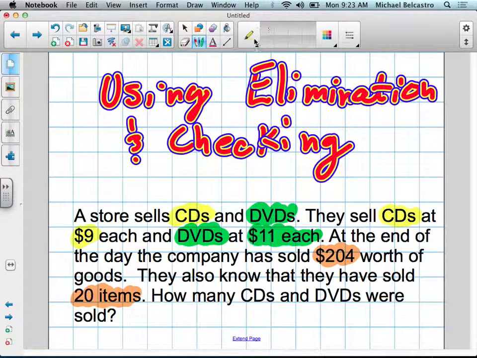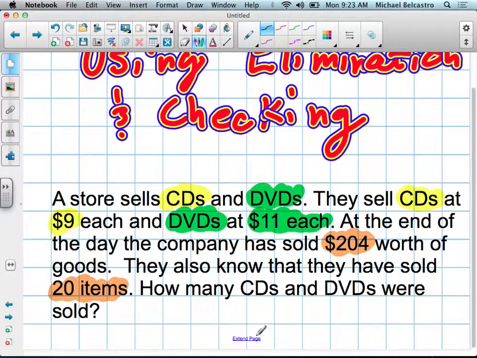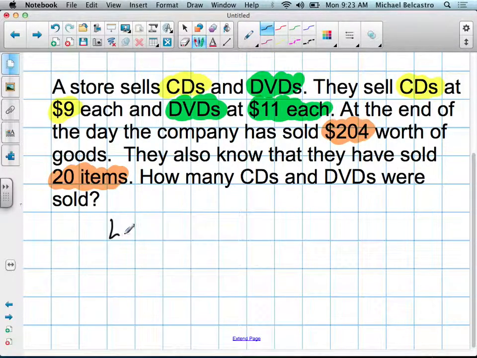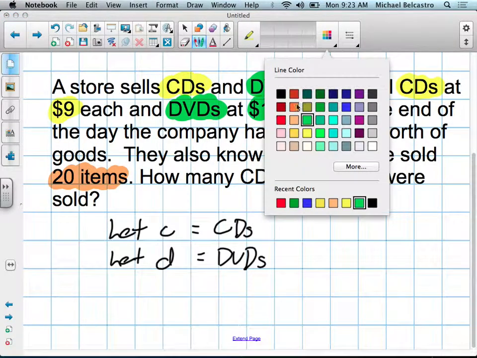Okay. So the first thing we're going to do is set up a let statement. We're going to say let C equal CDs and let D equal DVDs. Those are going to be our two variables for this question.